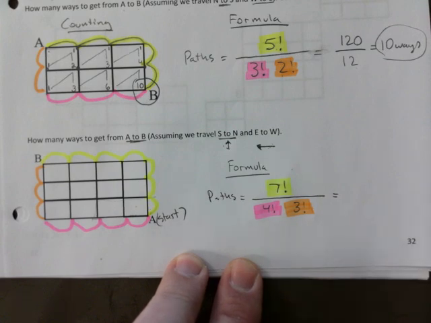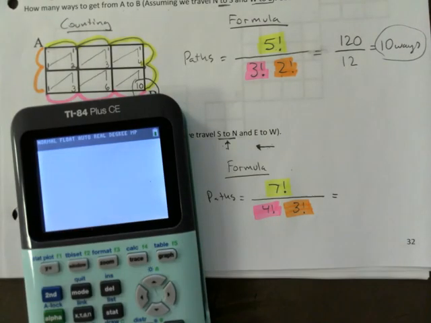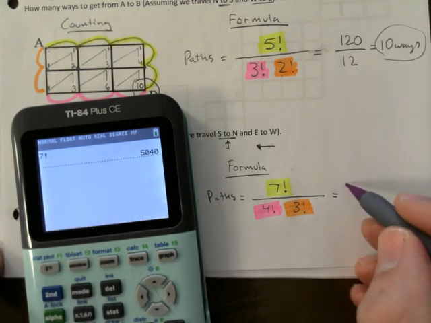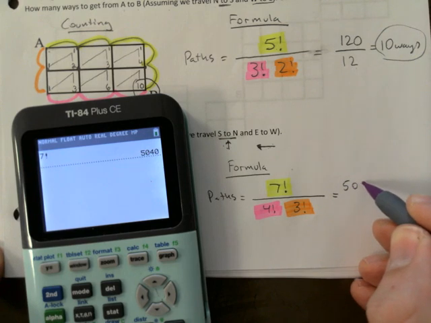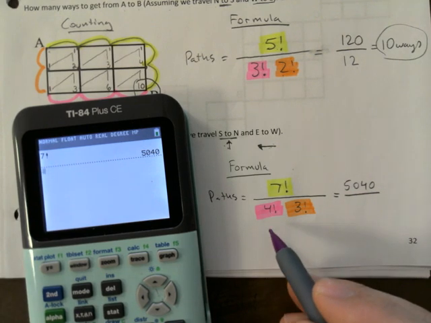7 factorial. I need help with that one. Is it 720? What? Why are you looking at me, Mr. Dirksen? I don't know. Right. Okay, 5040. Okay. 6 factorial is 720. 5040 over 4 factorial.